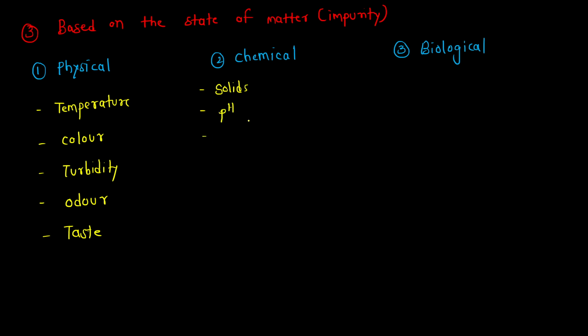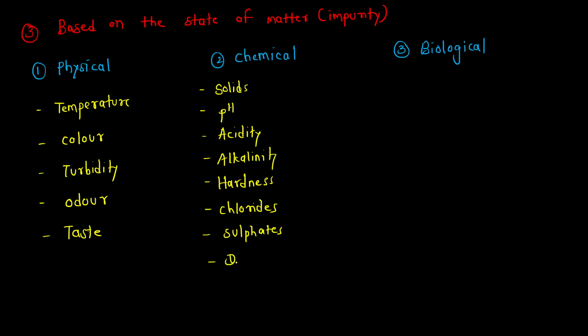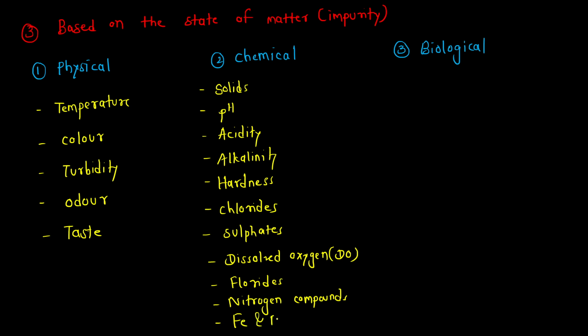There are solids, pH, acidity, alkalinity, hardness, chlorides, sulfates, dissolved oxygen, which in short form we call DO, then fluorides, nitrogen compounds, iron and manganese, and the remaining ones we will name under other toxic substances. So all this comes under chemical.